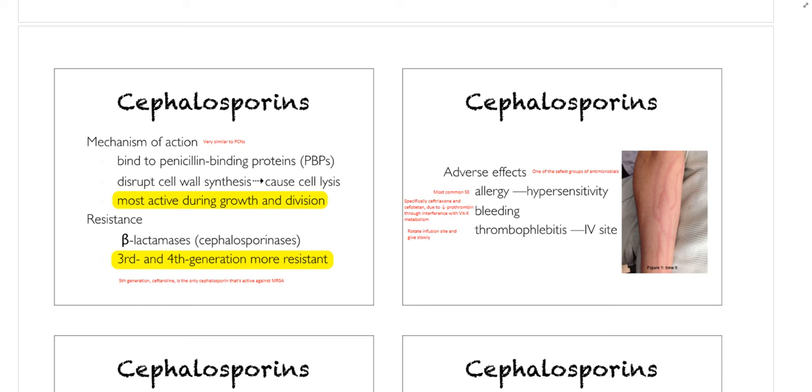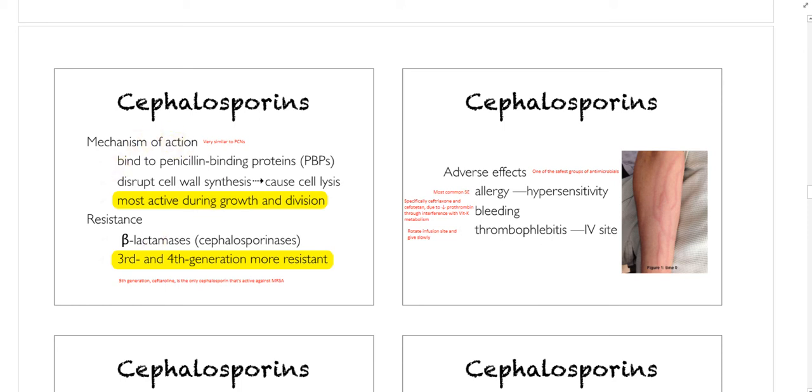So these do the same thing. They bind to those penicillin binding proteins and cause the cell to rupture by having that influx of water to equalize the osmotic pressure. And again, most active during growth and division, just like penicillins. Mechanism of action really just the exact same.